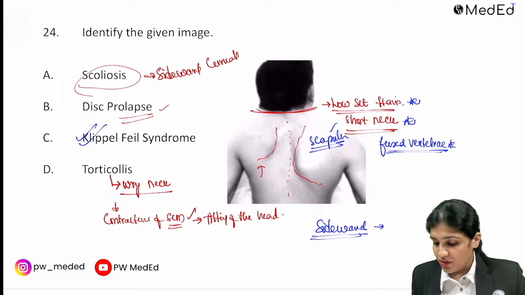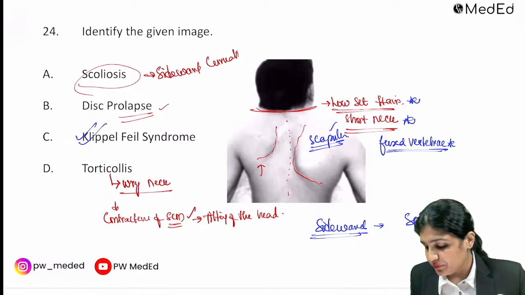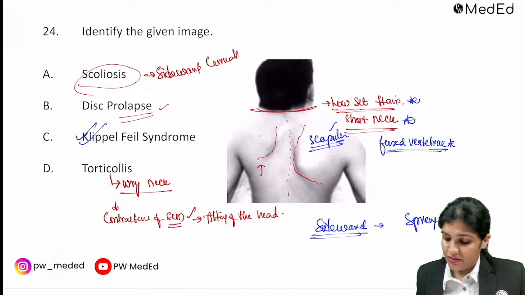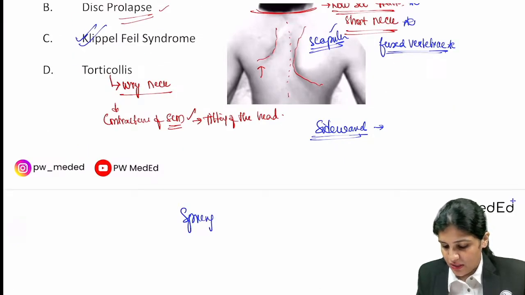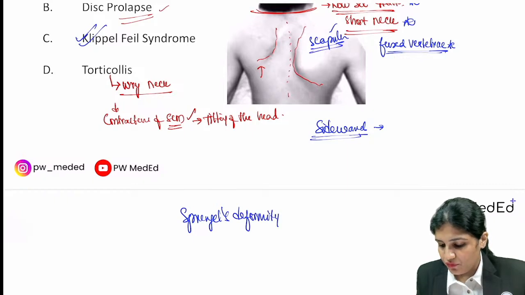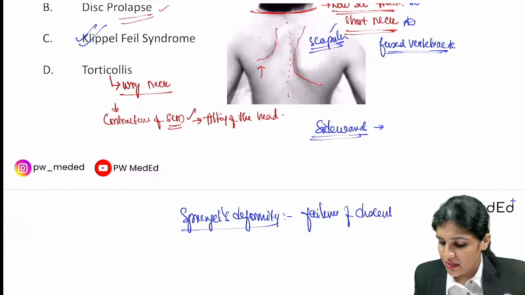Okay, and what is Sprengel's deformity? Sprengel's deformity is nothing but failure of descent of the scapula. Failure of descent of the scapula, hence the scapula will be elevated and prominent, right?